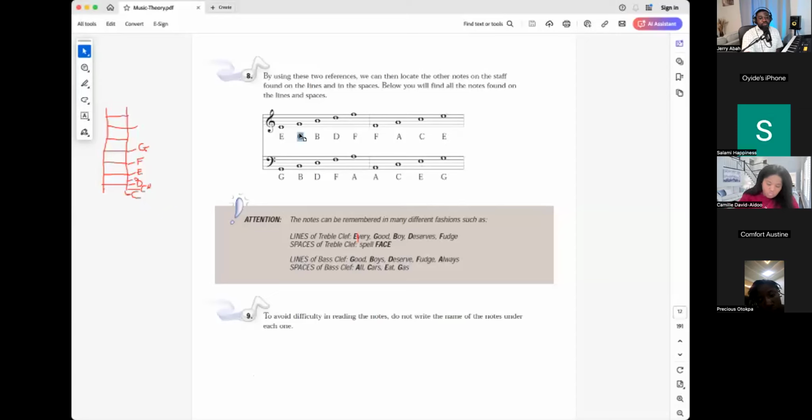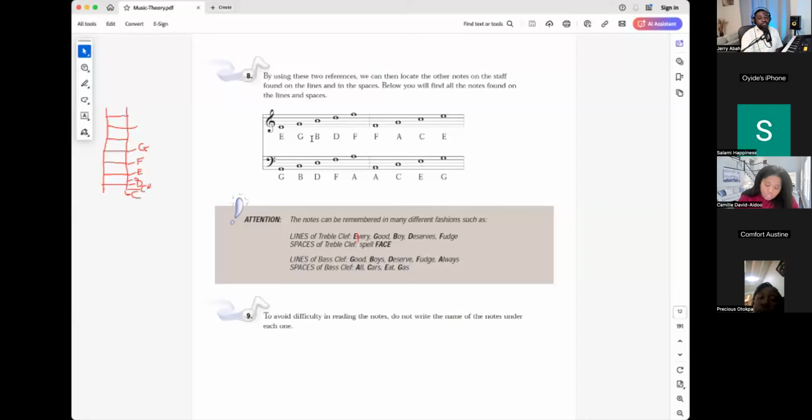All right? And then the very first note for the treble clef is an E. E, G, B, D, F. Those are the names of the lines. Take note, the lines of the treble clef.